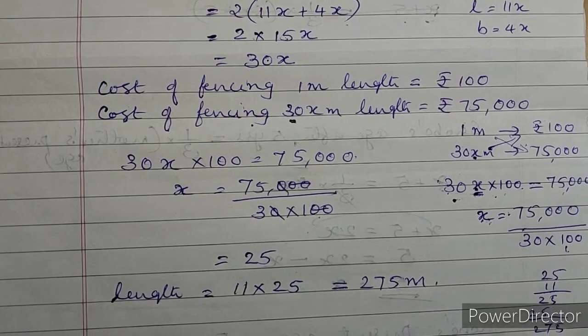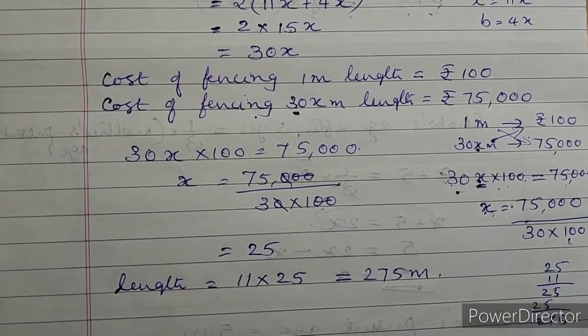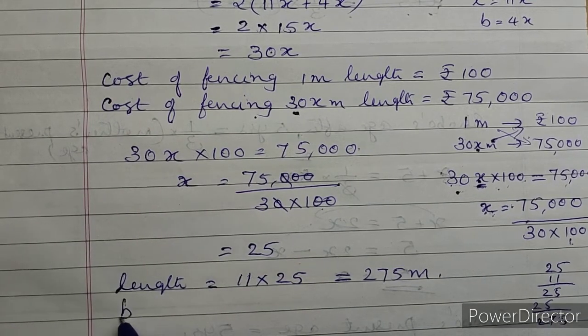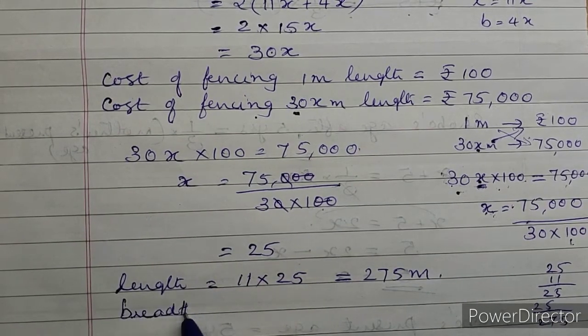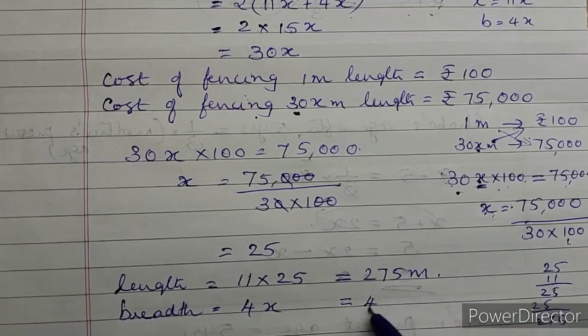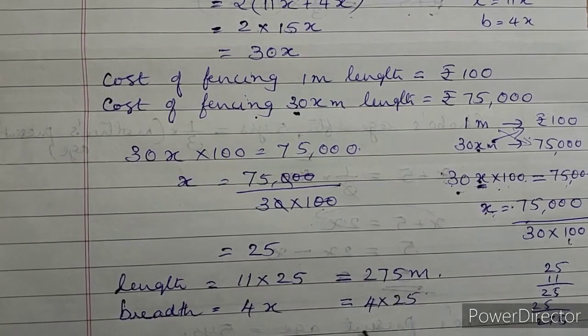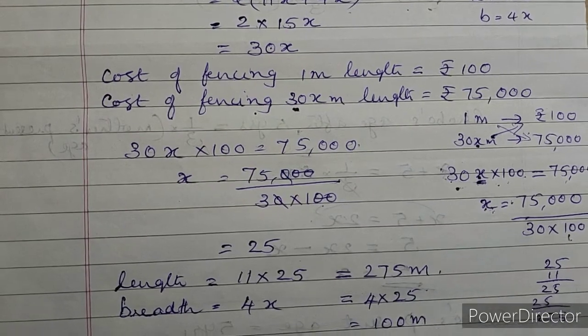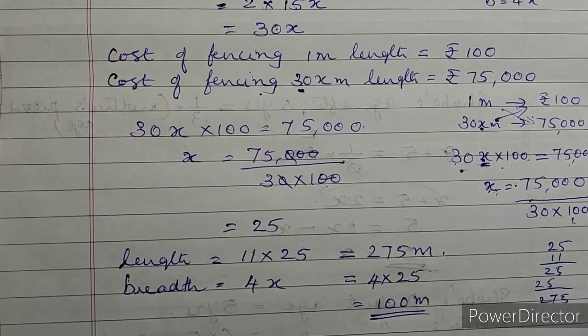The unit of perimeter is meter only. So breadth is equal to 4x equals 4 into 25, which is equal to 100 meter. So 275 meter is the length and 100 meter is the breadth.